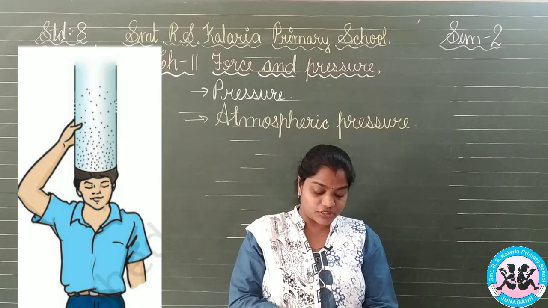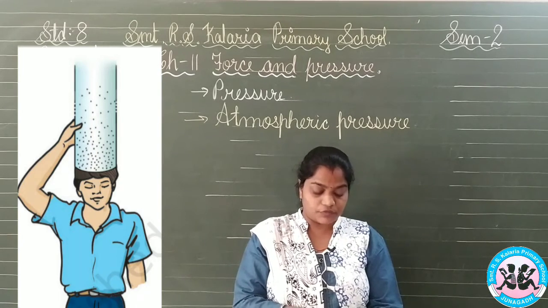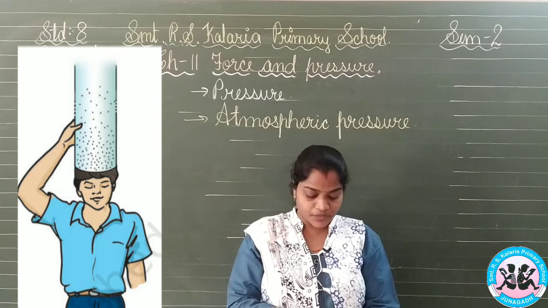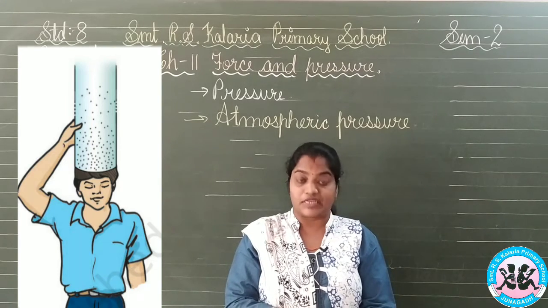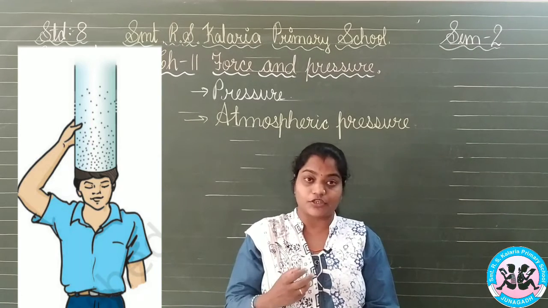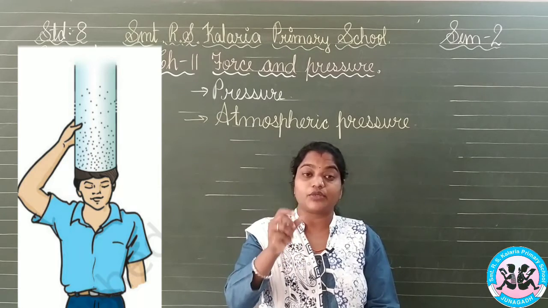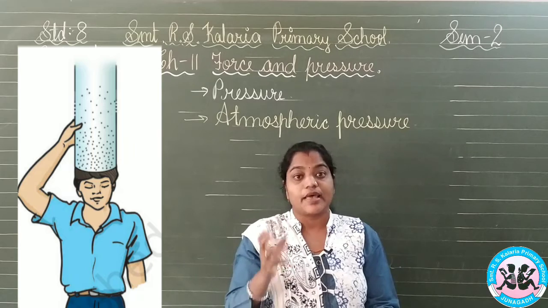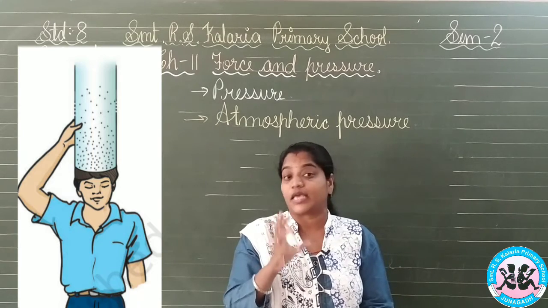It is mentioned that when we consider this 15 by 15 centimeter column of air, it is nearly equal to the force of gravity on an object of mass 225 kg, that is 2250 newtons applicable in this much area.